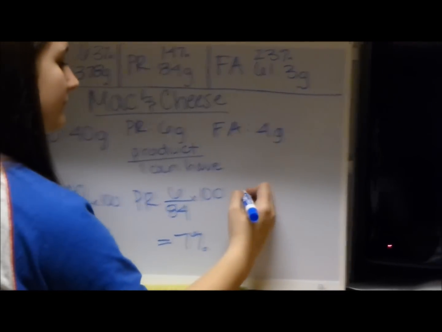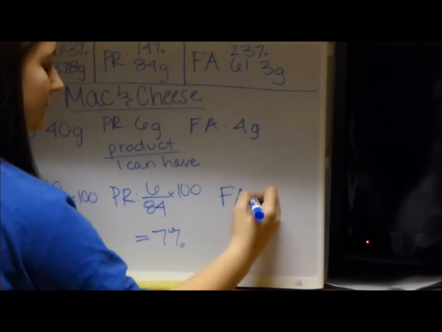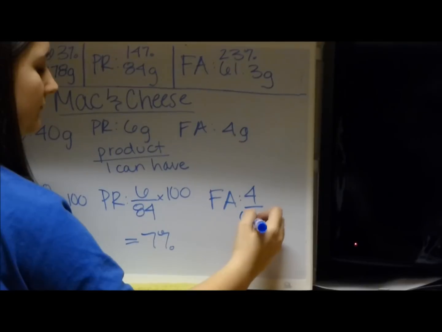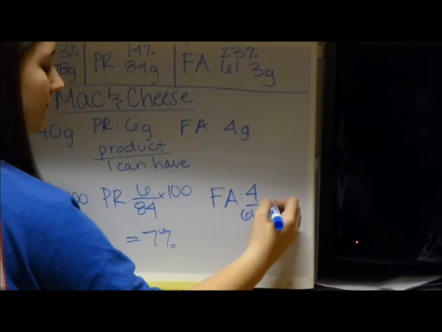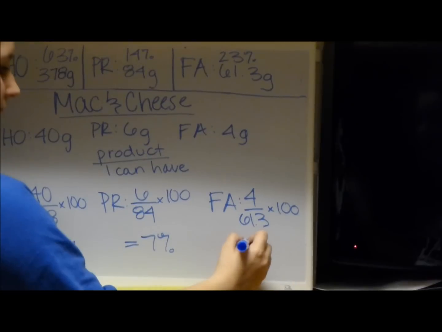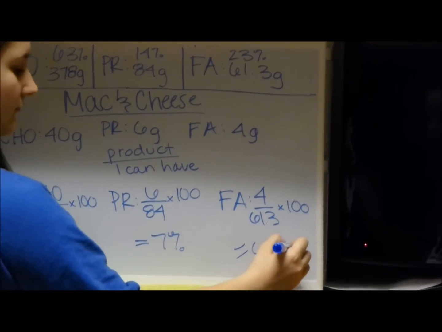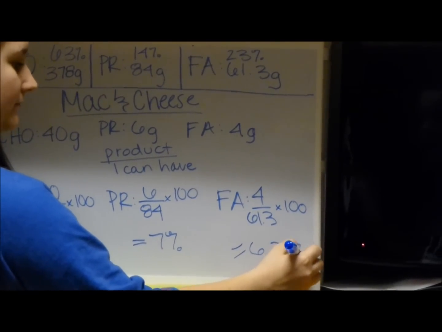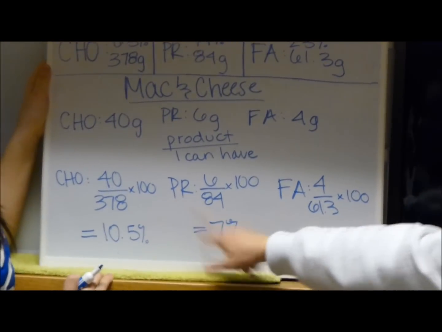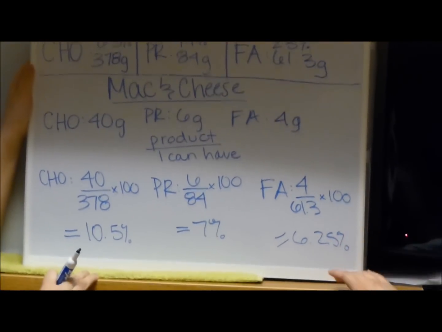And then for fat, you have 4 grams divided by 61.3 grams times 100 gives you 6.25. So for each of these, this is the percent that she needs for carbs, proteins, and fats in a day.